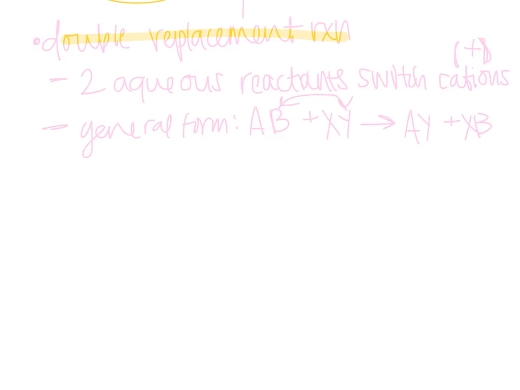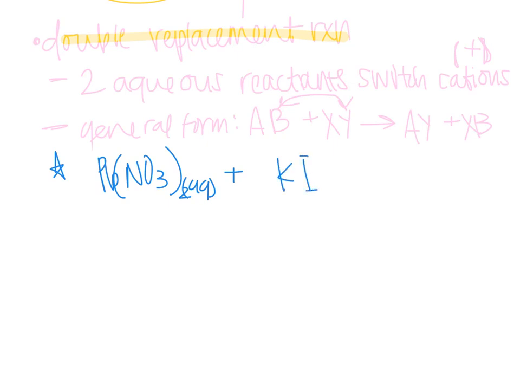And an example of this is going to be if you had PbNO3 aqueous plus KI, that's an I, aqueous, meaning it's in water, yields.